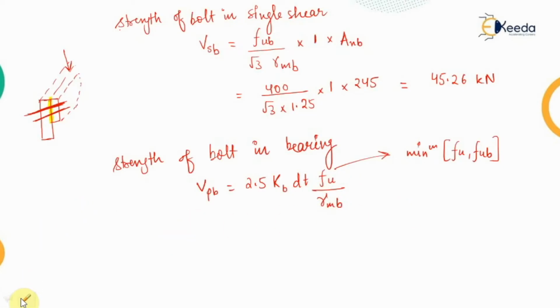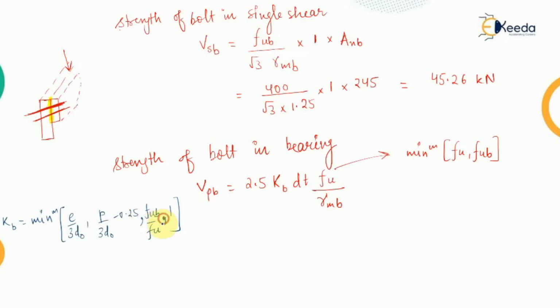Now for this KB value, a separate calculation has to be done. This KB value is some constant for the bolt, and it is the minimum of 4 values. The first value is E by 3D naught, the second value is P by 3D naught minus 0.25, the next value is FUB divided by FU, and the last value is 1.